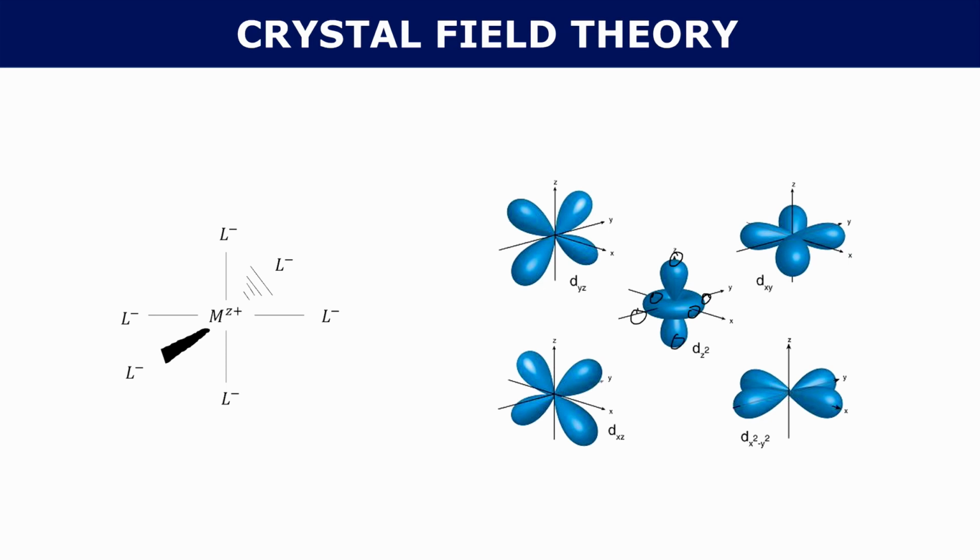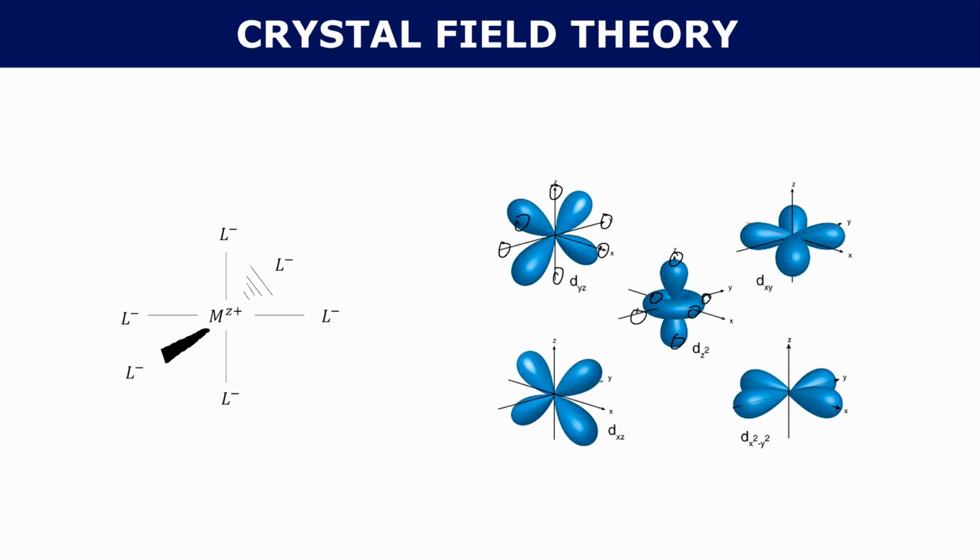What happens now is that those ligands are negatively charged, and the electrons in those d orbitals are also negatively charged. So you face repulsion. But not all repulsion is equal. If you look at the repulsion from this d orbital, I think the last one would be like here.